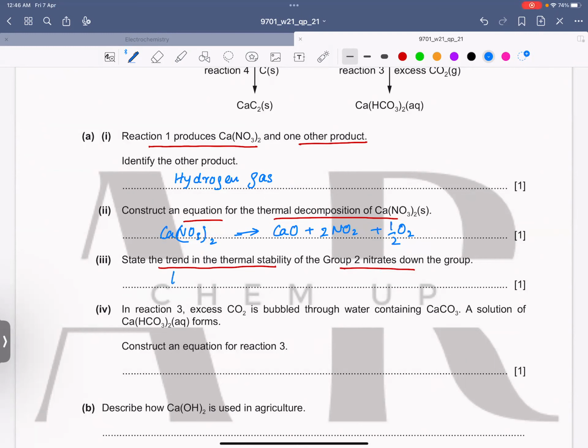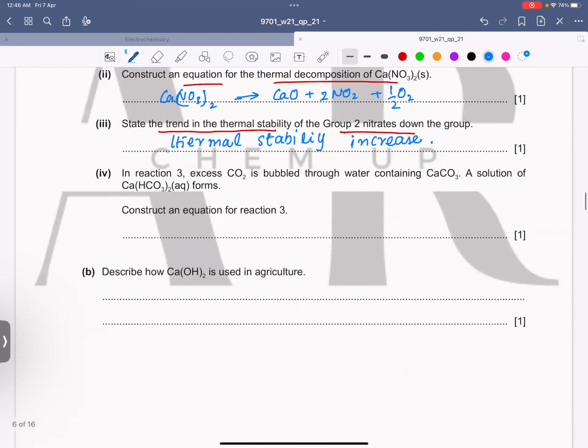I have to state the trend, so I can write that the trend is that thermal stability increases.